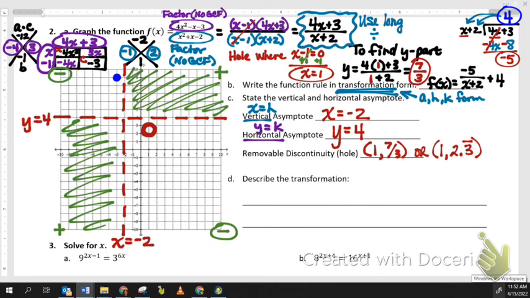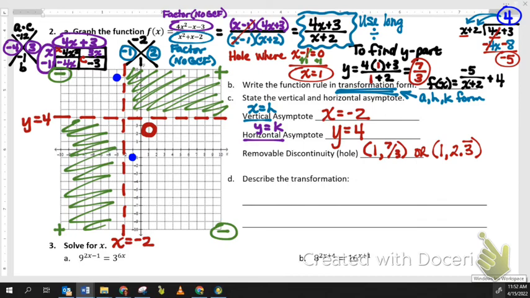Go back to where they cross. I went up already, so now I'm going to go down. 1, 2, 3, 4, 5. And I'm going to hop in 1. Right here. We went up, we went down, we still need to do what? Left and right. So from here, left, 1, 2, 3, 4, 5.